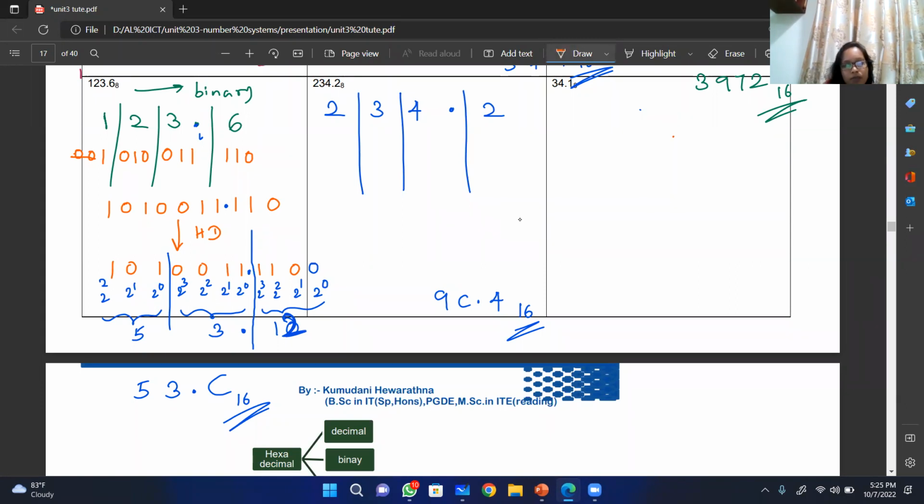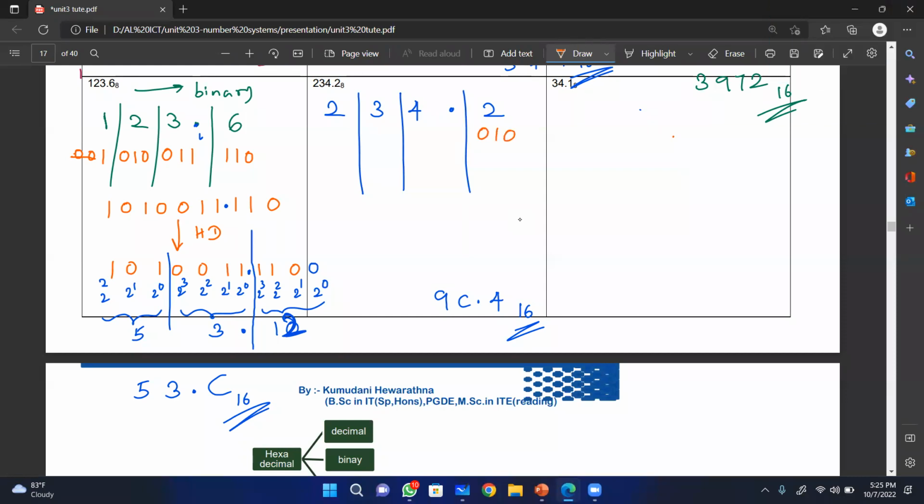What is the binary value that you got? Here for 2? 0, 1, 0. 0, 1, 0. 4? 100.